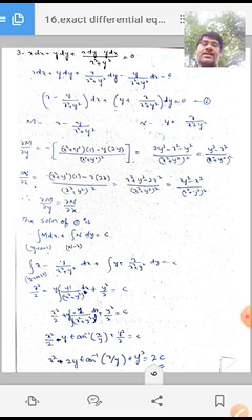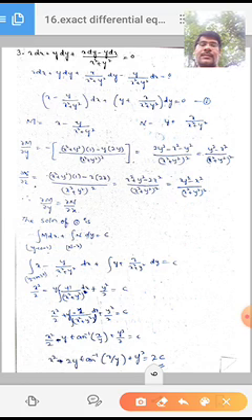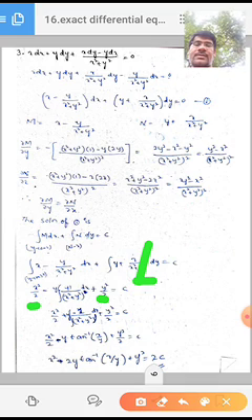Therefore the solution is the integration of M dx, y constant, plus the integration of N dy, removing the x terms, is equal to c. Here x terms are involved, this is 0. Here the integration of y dy is y²/2. Integration of x is x²/2.